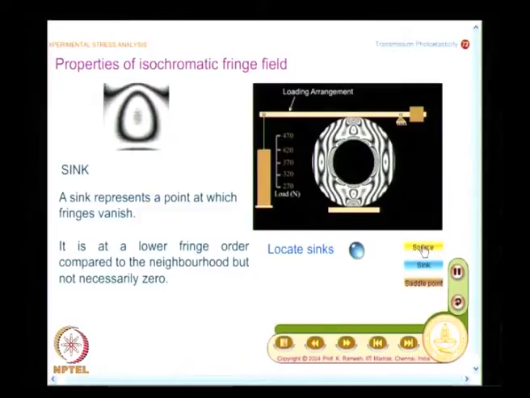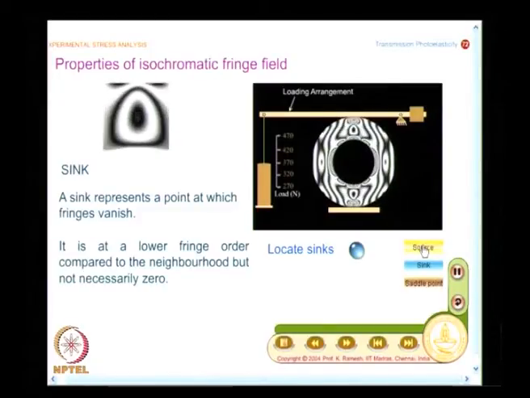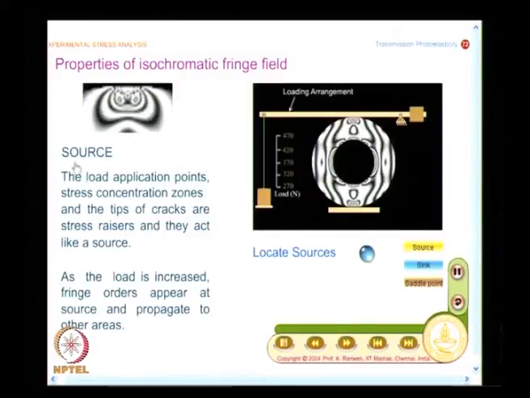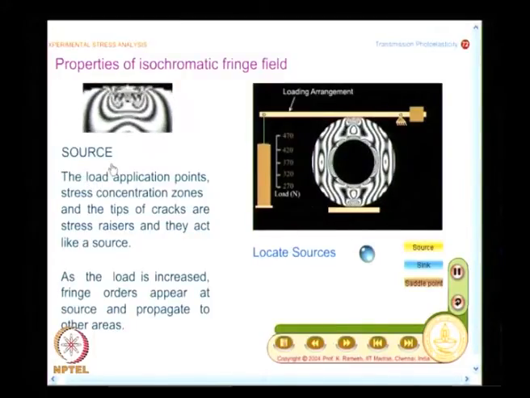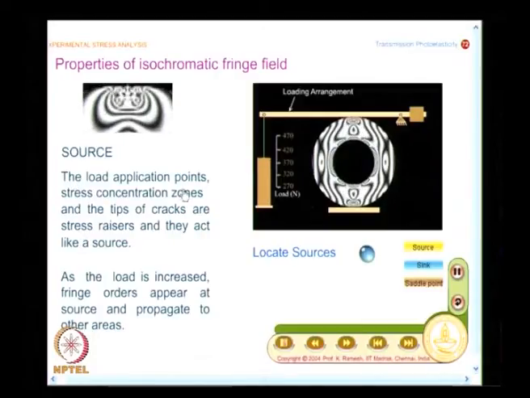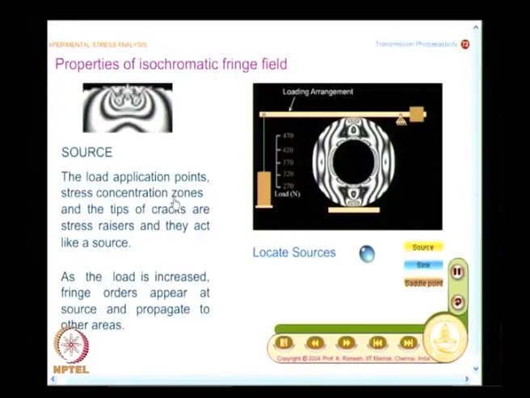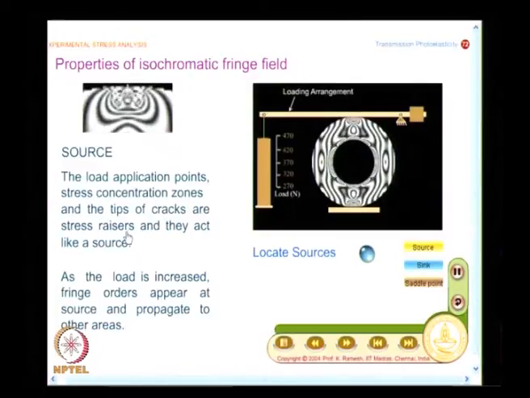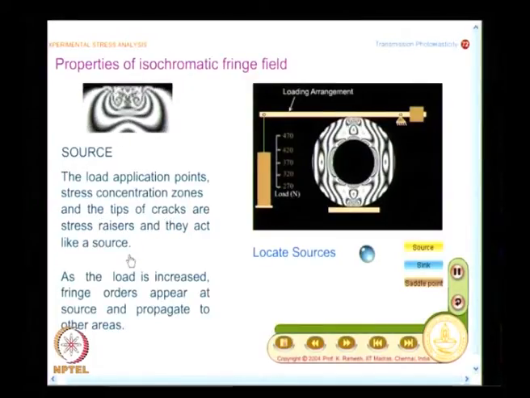And we have also looked at what is a source. Source, by definition, you have the load application points, you have the stress concentration zones, and the tips of cracks or stress risers, and they act like a source.